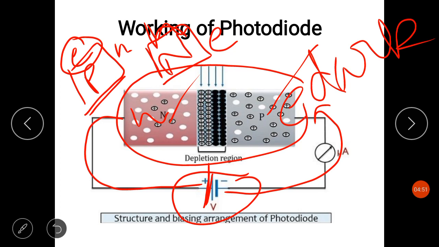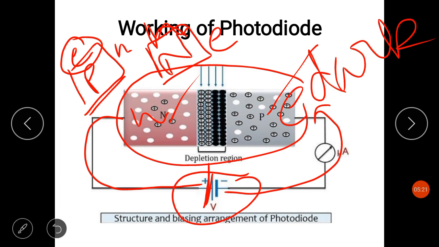So we can control this reverse saturation current in a diode by controlling the concentration of minority charge carriers in the semiconductor crystal. And we can change this concentration by applying external energy to the crystal.